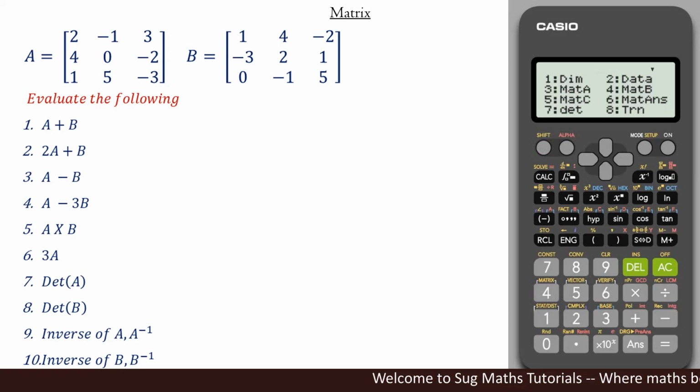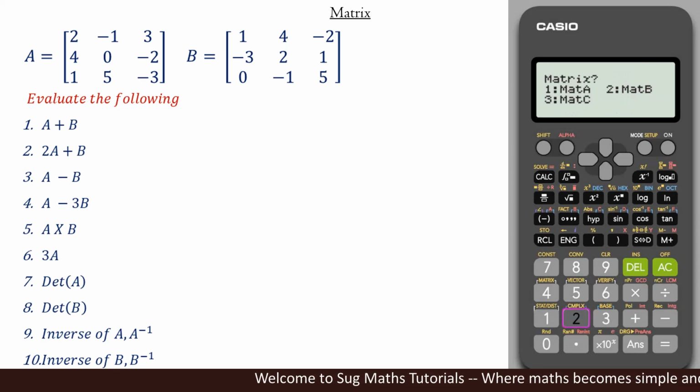So here now, you see this option 1 says dimensions, option 2 says data. Now I'll choose option 2, which says data. Which of the matrices do I want to see the data? Now I have matrix A.